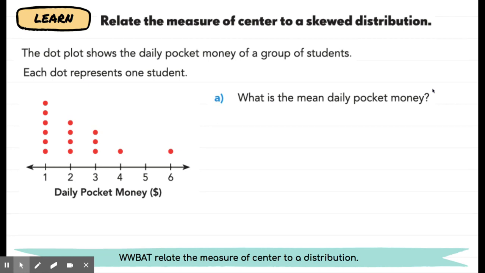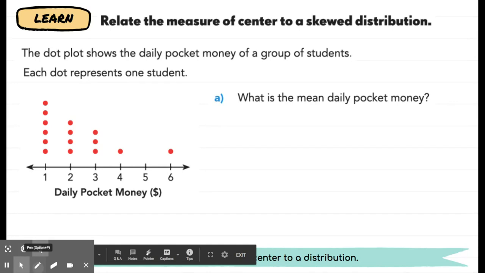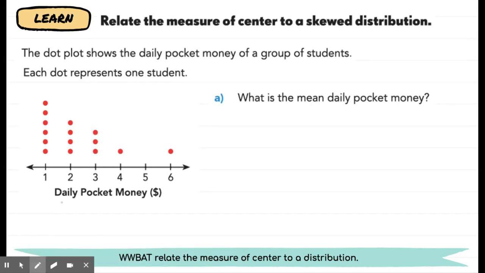So let's look at the first example. The dot plot shows the daily pocket money of a group of students. Each dot represents one student. So first, let's count how many students there are. So 1, 2, 3, 4, 5, 6 students receive $1 per day.